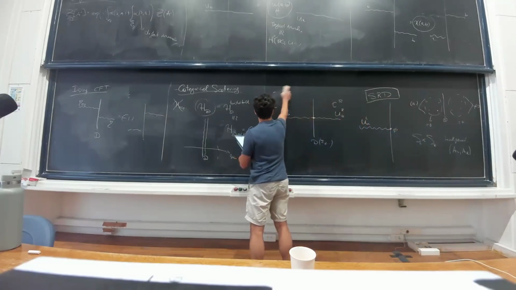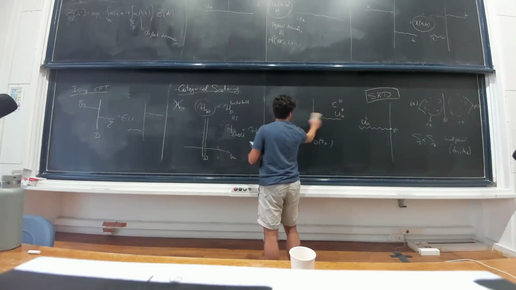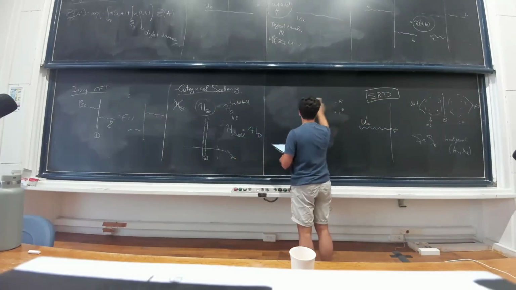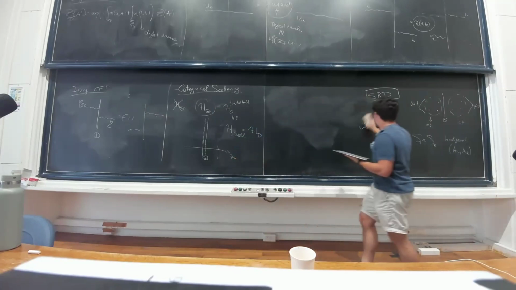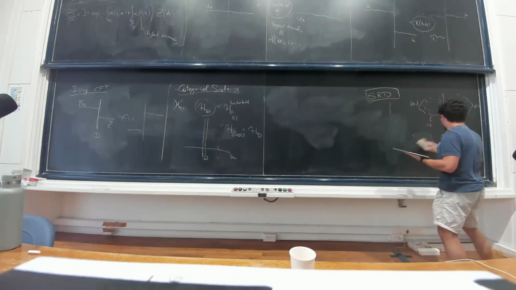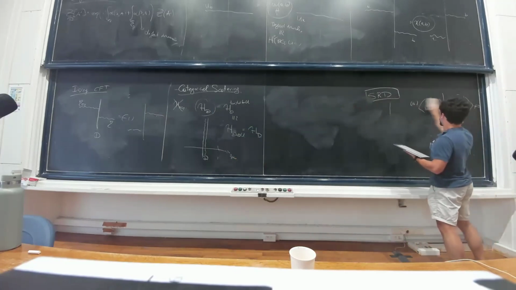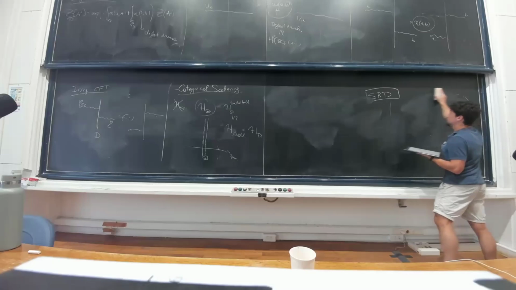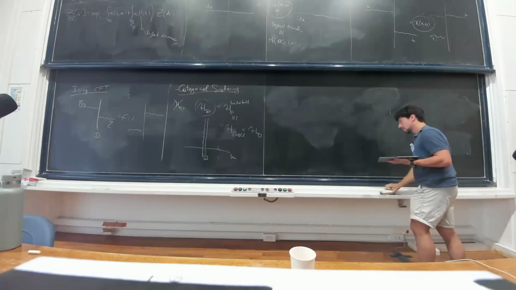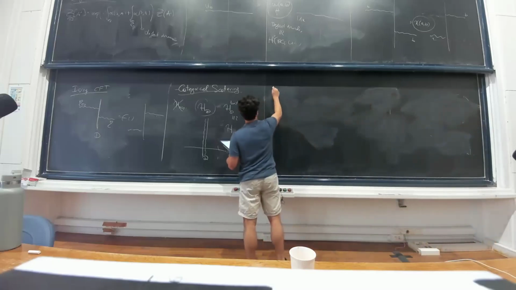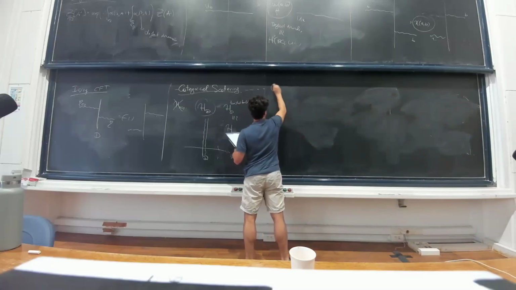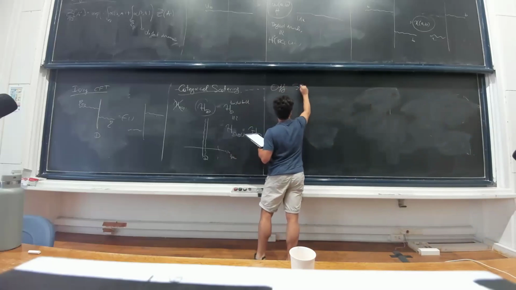Great. So now we concluded that in order to have even the possibility of having categorical scattering, we should consider scattering of symmetry reflecting defects. Categorical scattering of symmetry.